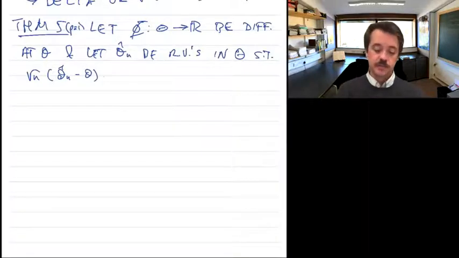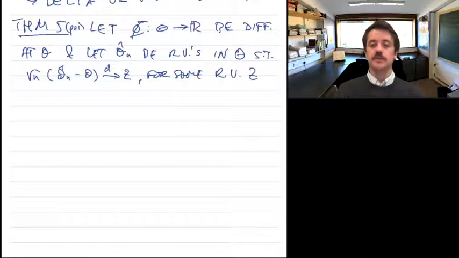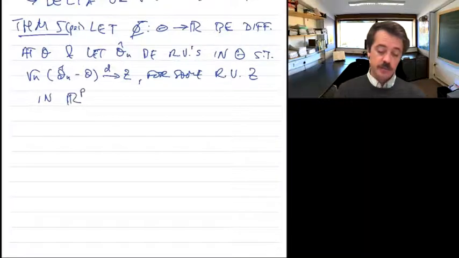So this is an estimator that converges in distribution to some random variable Z, of course, this has to be in R^p. Okay, so then we get the following.